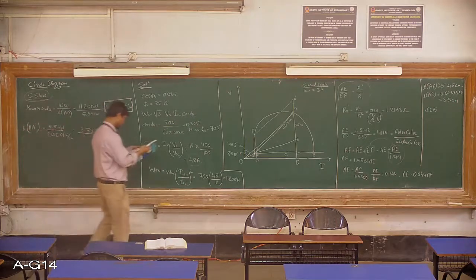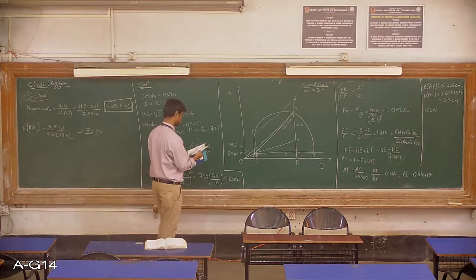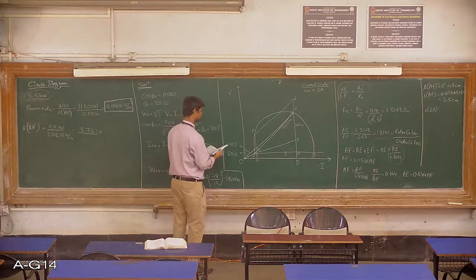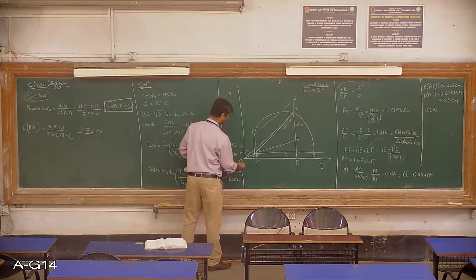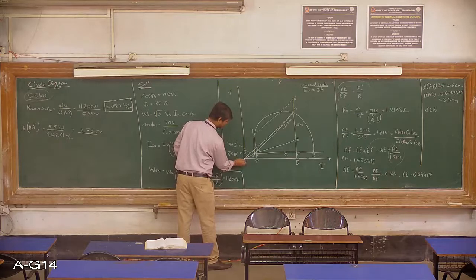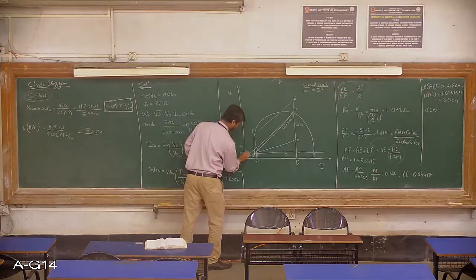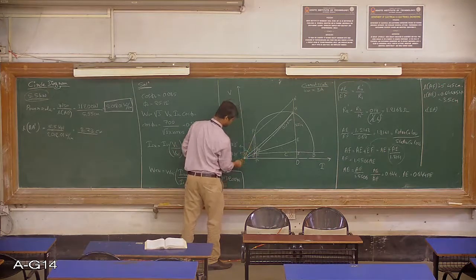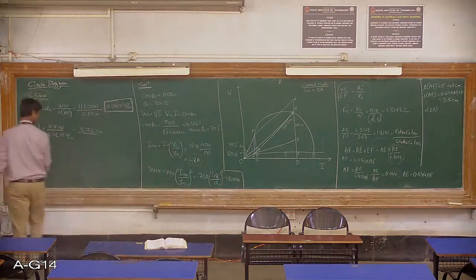Now to calculate the first point, that is full load current, I should be joining O and P. Join O and P, measure the length OP. This is the first point I'm calculating here.